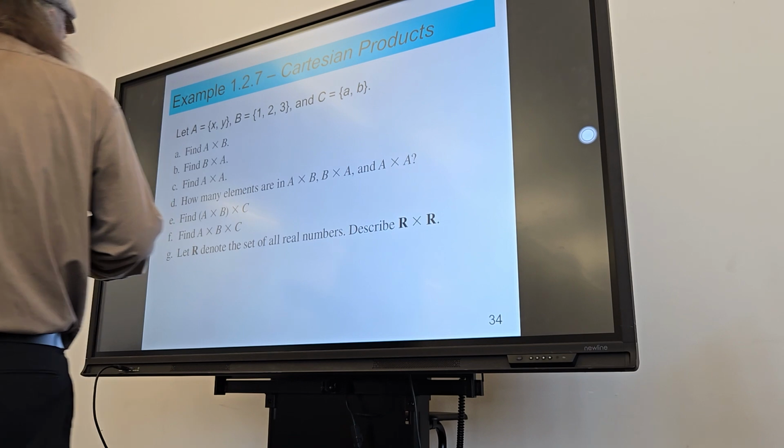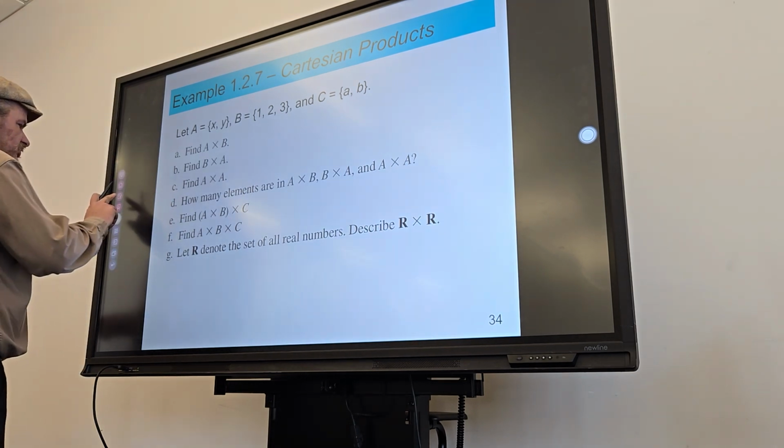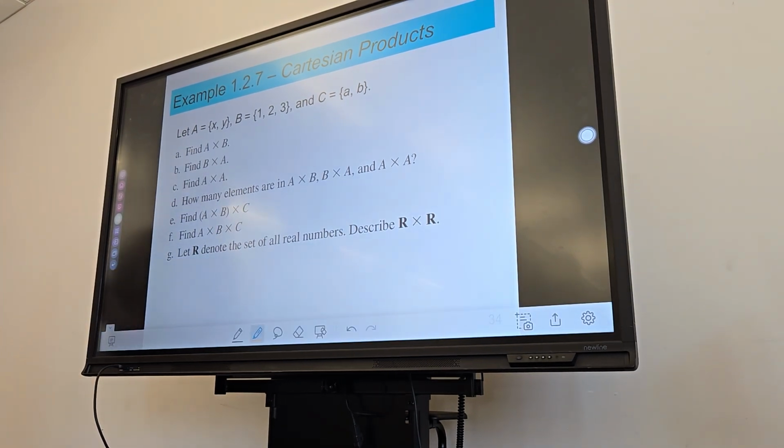So A is X comma Y, B is 1 comma 2 comma 3, C is AB.